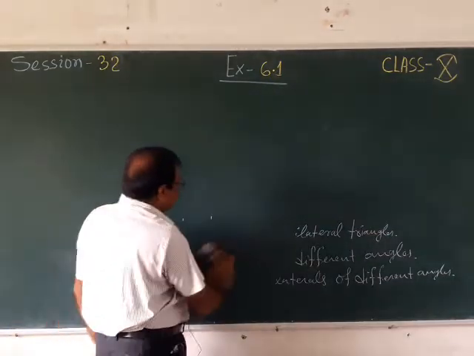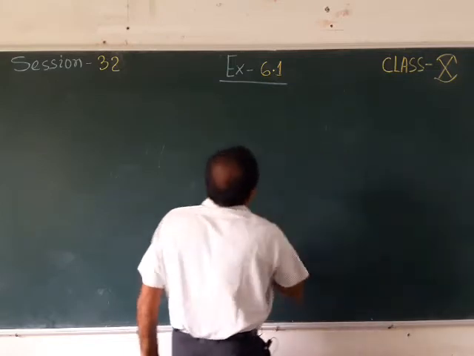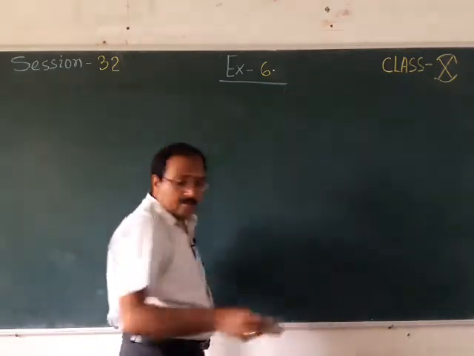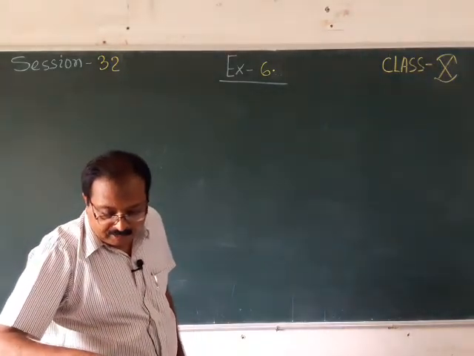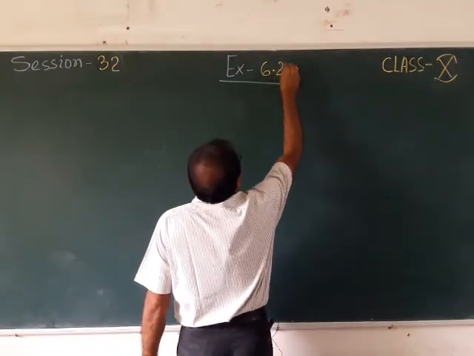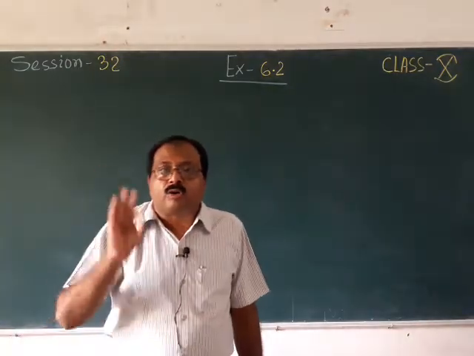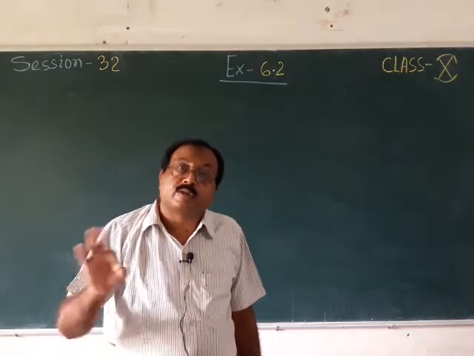Okay. So I hope that you have understood 6.1, and here we have just discussed similar figures. The most important statement is that all congruent figures are similar, but all similar figures are not congruent.